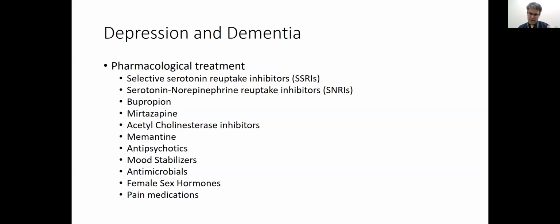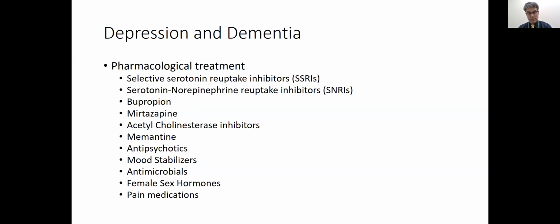There may be a little bit of evidence for cholinesterase inhibitors, but again, kind of mixed. There was one study that combined the acetylcholinesterase inhibitor with the selective serotonin reuptake inhibitor, and that seemed to be a little bit more effective. The one that they combined it with was sertraline. And so maybe combining those two would be effective.